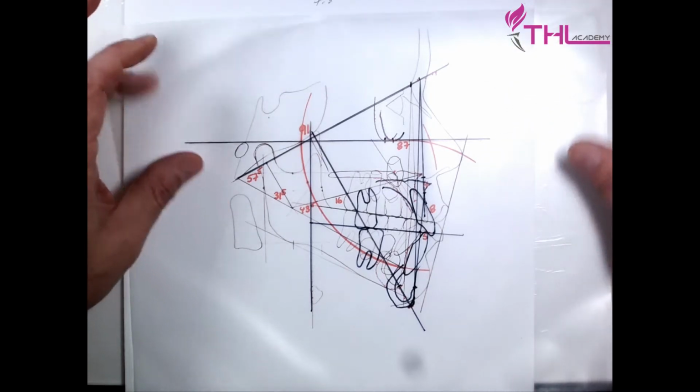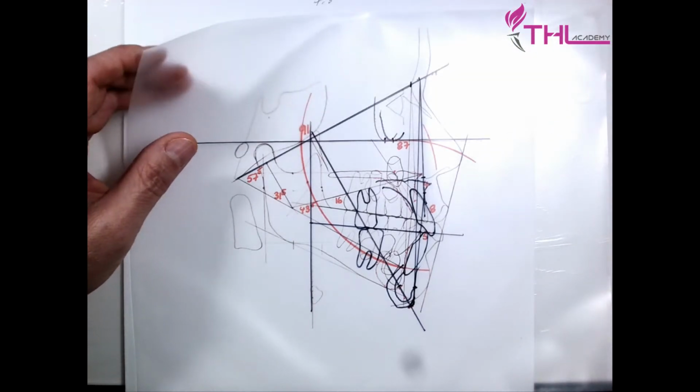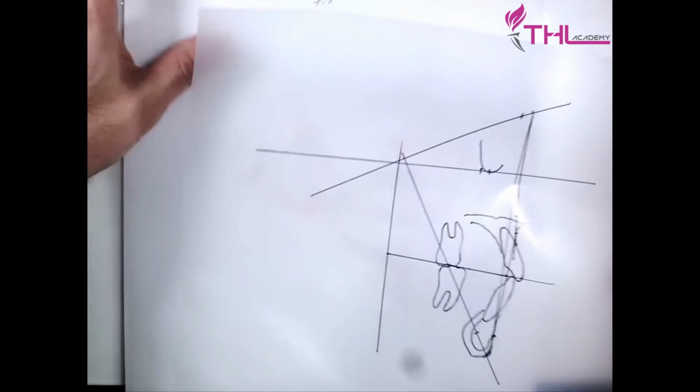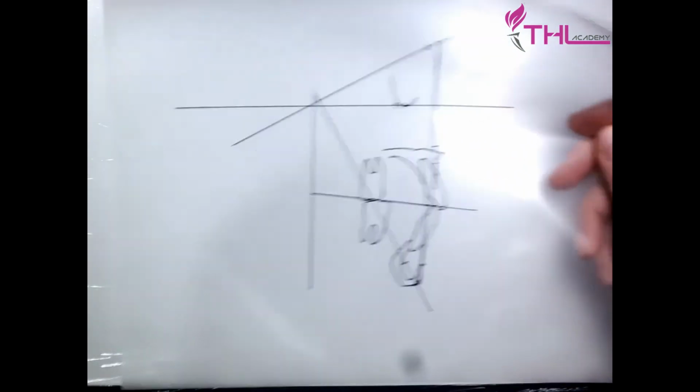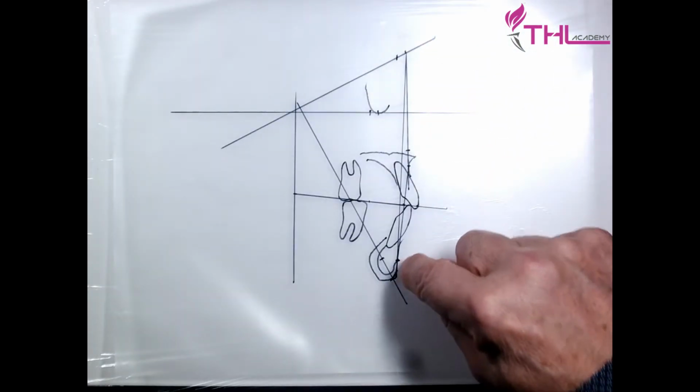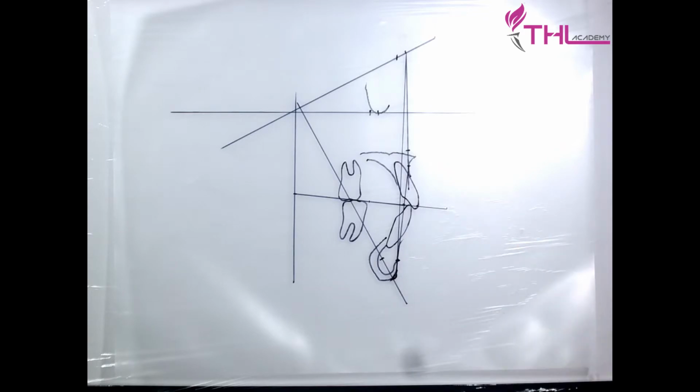If I am willing to change something in this template, I put my changes in red, another color. Then I can visualize what I want to change about the skeleton. But in this case, I don't want to change.